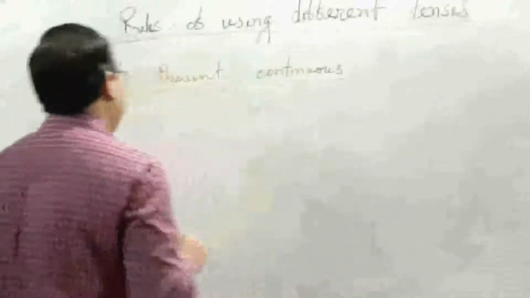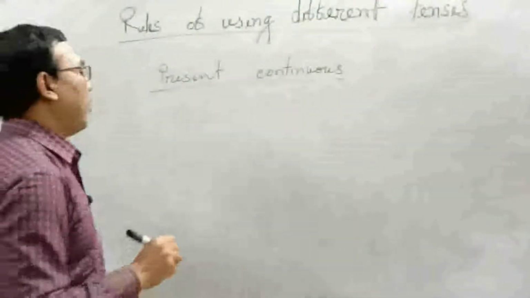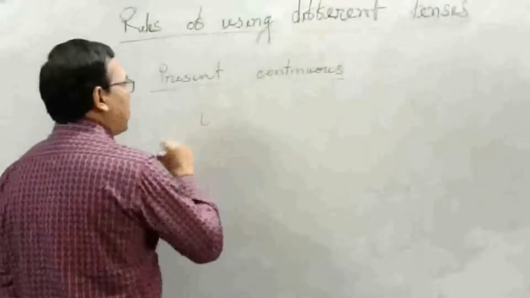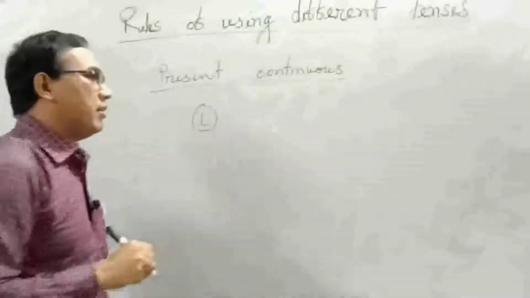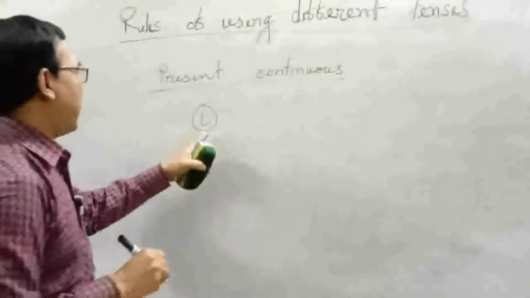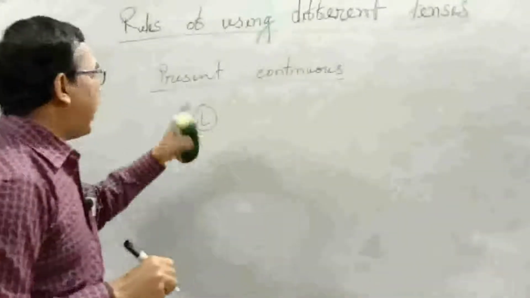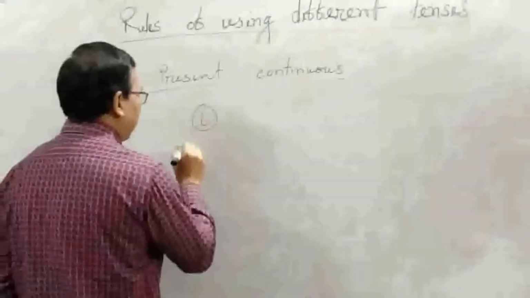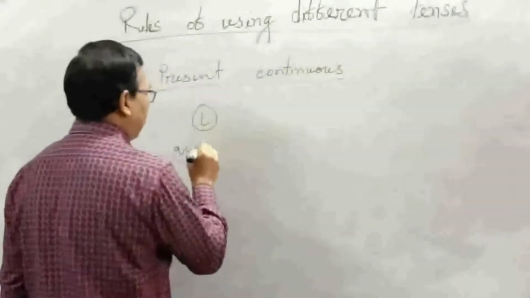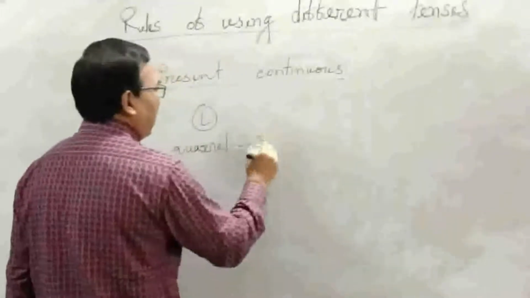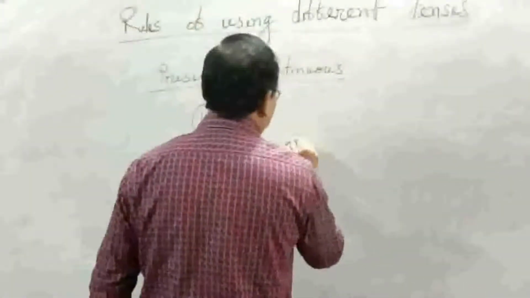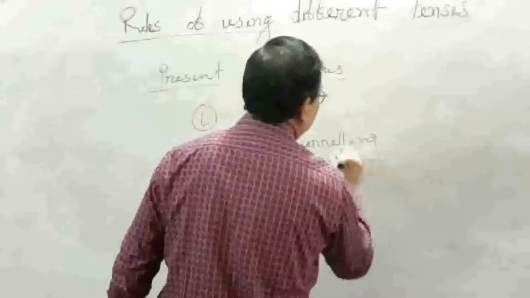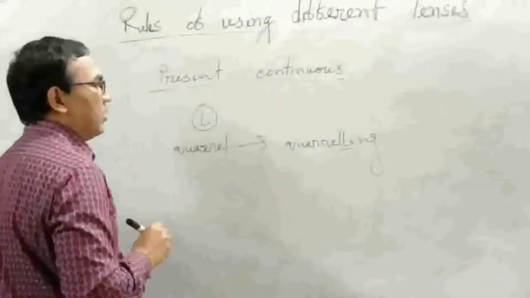And again, if you get a verb that ends in consonant L, and if you add ing to the verb, L will be doubled. Quarrel, quarreling. Here L is doubled.